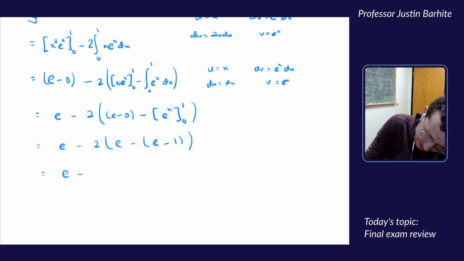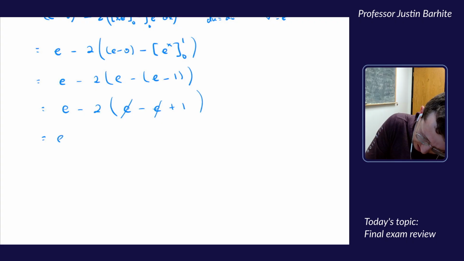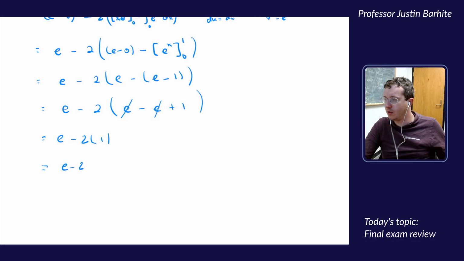That's e minus 2 times e minus e plus 1. The e's cancel, and I get e minus 2 times 1, or e minus 2.